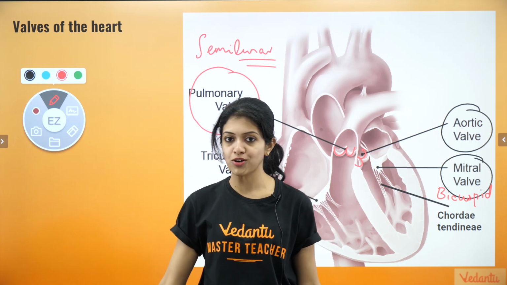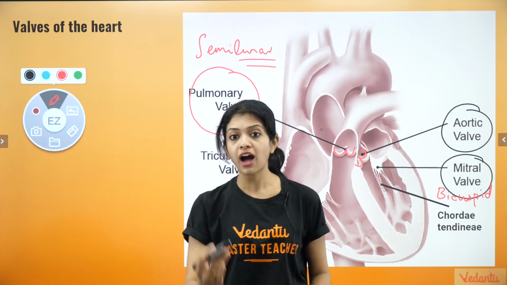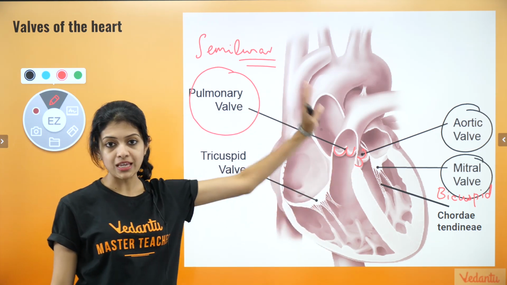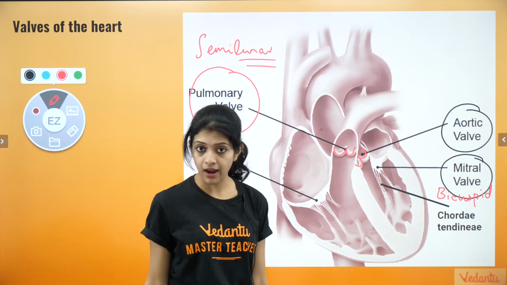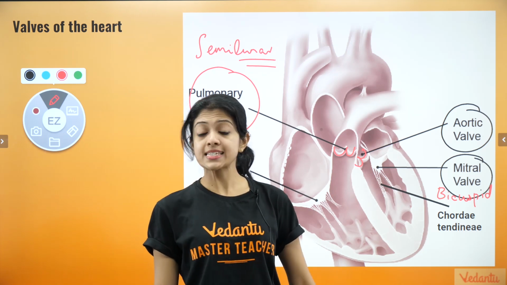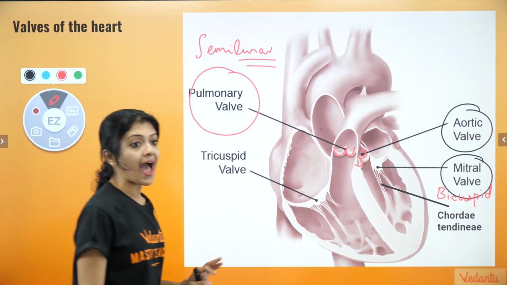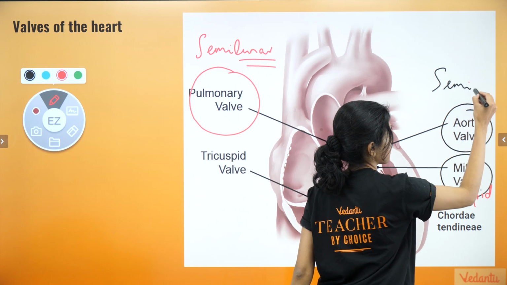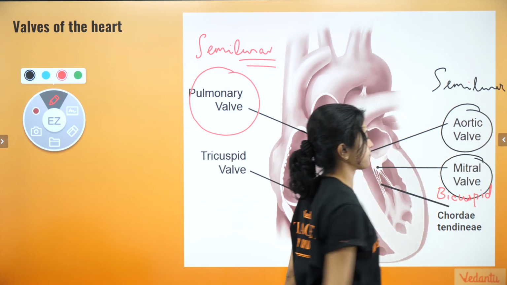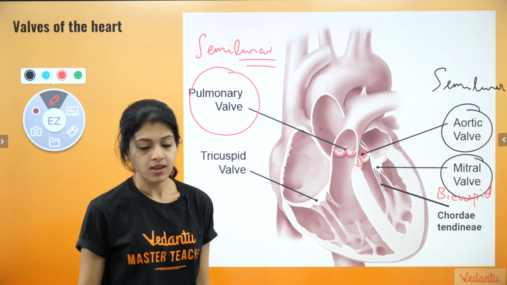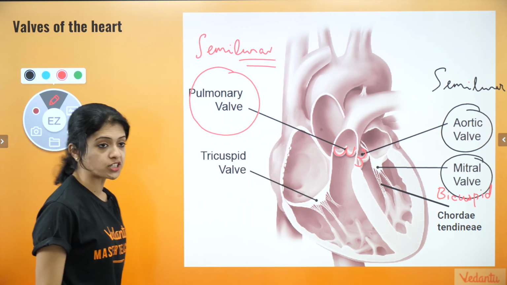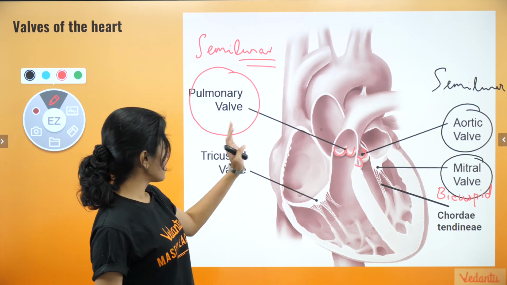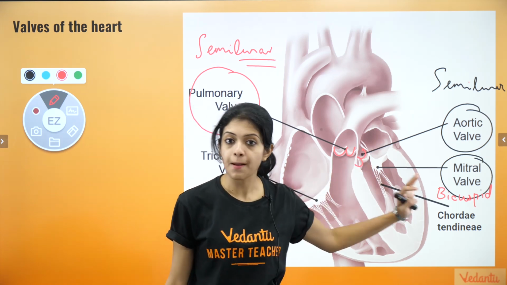Lunar eclipse, we know about all that. Semi-lunar is half moon. Because they are half moon shaped, we describe these two as semi-lunar. Okay, children? Semi-lunar pulmonary valve and semi-lunar aortic valve. So, we have learned 4 major valves of your heart. Aortic, pulmonary, tricuspid and bicuspid.